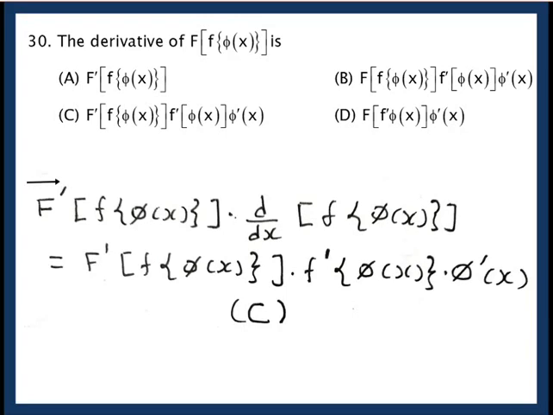Hope you have understood this. This is basically we have to consider this as u, derivative of f of u. I have considered this as u. So derivative of f of u is f dash of u into du dx by chain rule and so on.